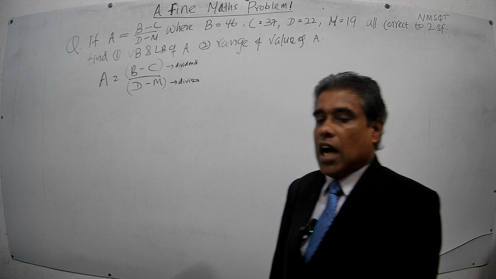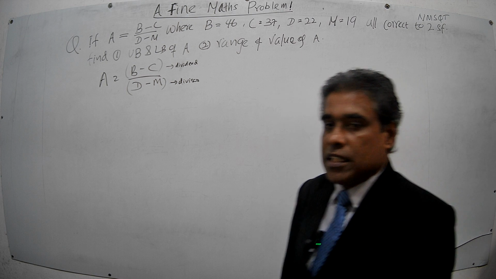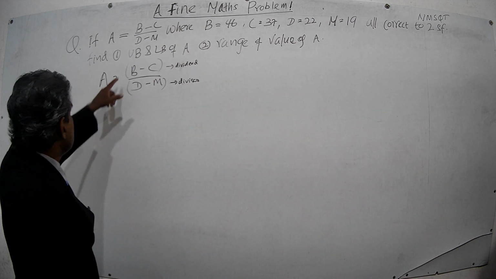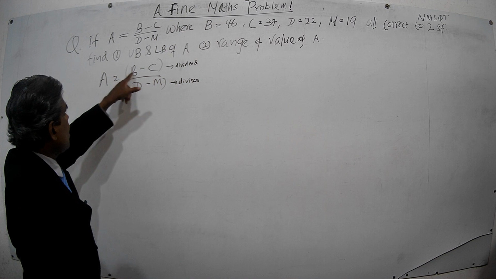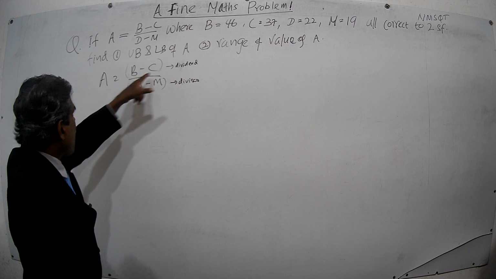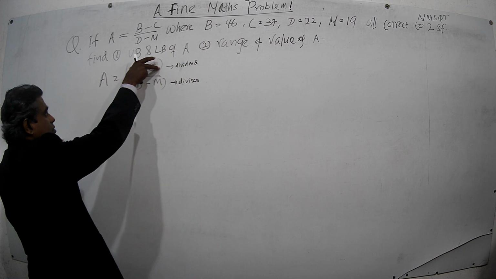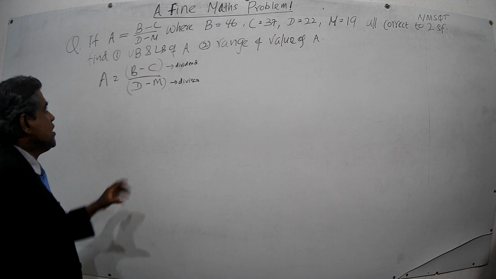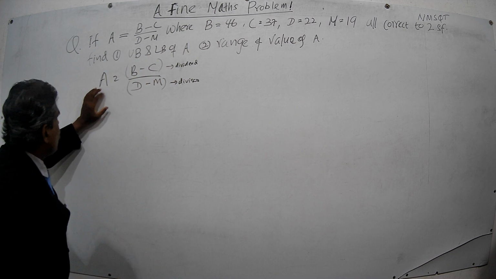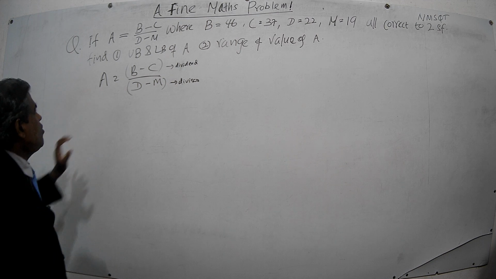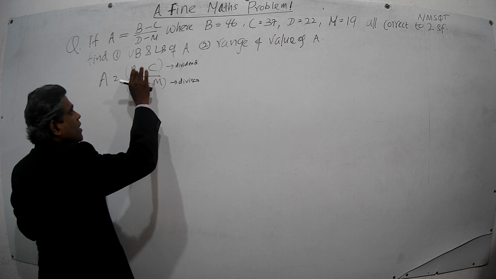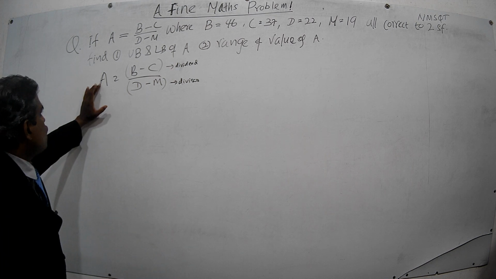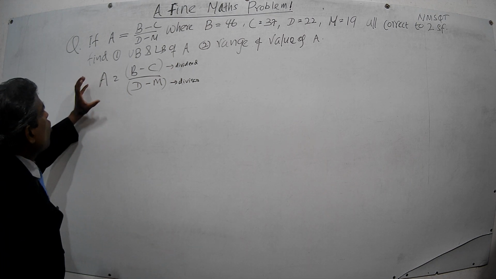This dividend value is divided by this divisor, and the result is the quotient. Therefore, A is the answer after dividing B minus C by D minus M. So A is the quotient.